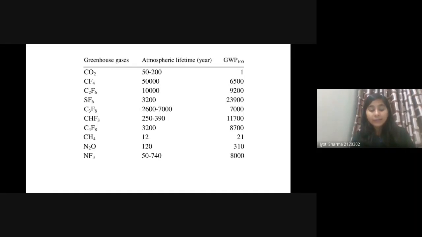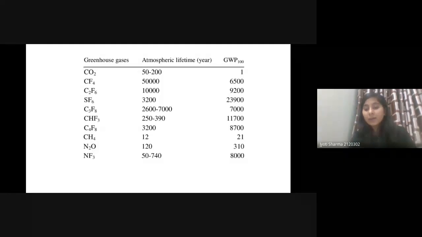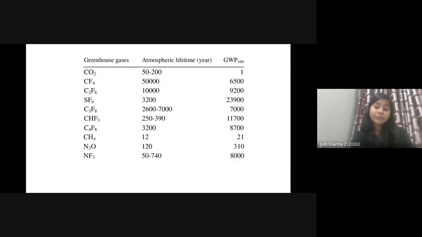Okay, methane has a global warming potential of 21. Nitrous oxide has a global warming potential of 310. And NF3 has a potential of 8,000. Rashmi, this is sulfur hexafluoride, and this is a synthetic gas. It is not present naturally in the atmosphere, but we people create a lot of gases in the atmosphere because of our use, because of over exploitation.